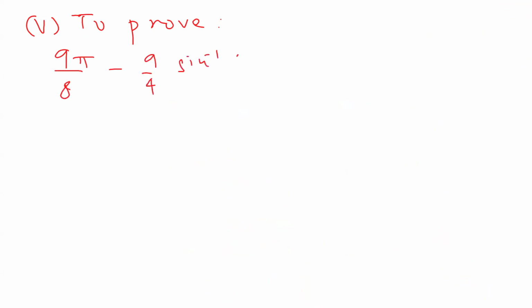Question number 5, I'll just modify the proof to prove 9 pi by 8 minus 9 by 4 sine inverse 1 by 3 is equal to 9 by 4 sine inverse 2 root 2 by 3.